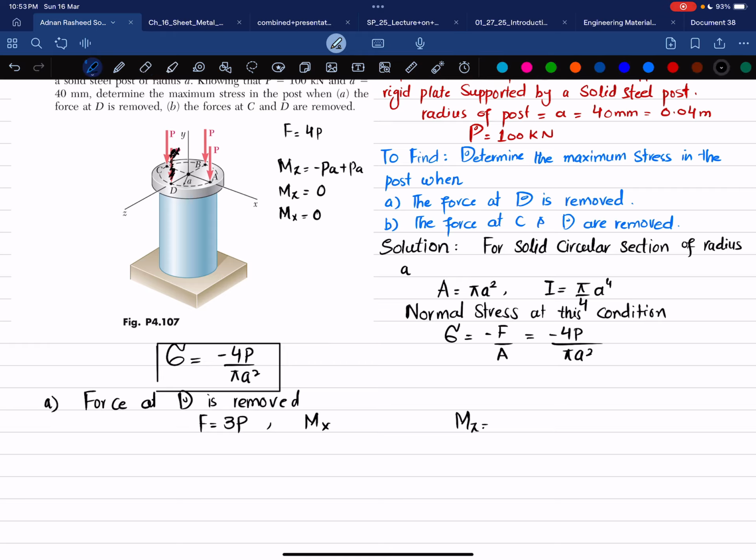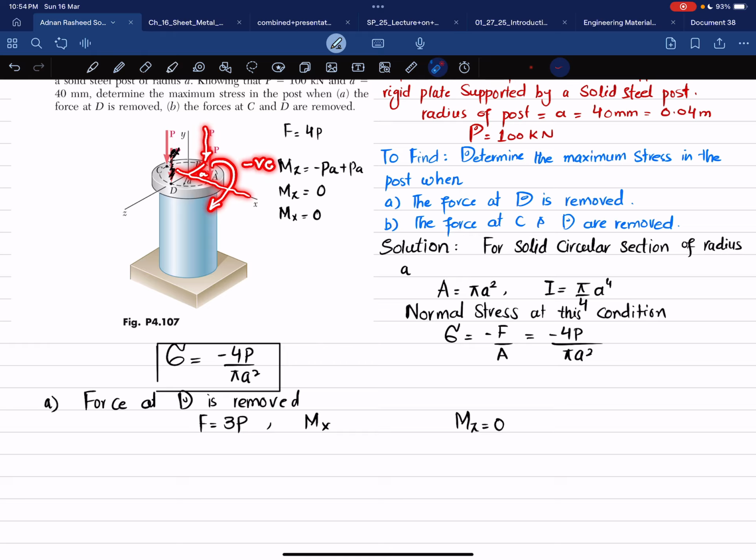Now we will see what will be the value of this. So you can see this is moment about z. This force is producing clockwise moment and this force is producing counterclockwise moment about z. They both will cancel. So moment about z will be equal to 0, and this is your x-axis. So only this force, which is P multiplied by perpendicular distance A, is producing clockwise moment, so it will be negative.